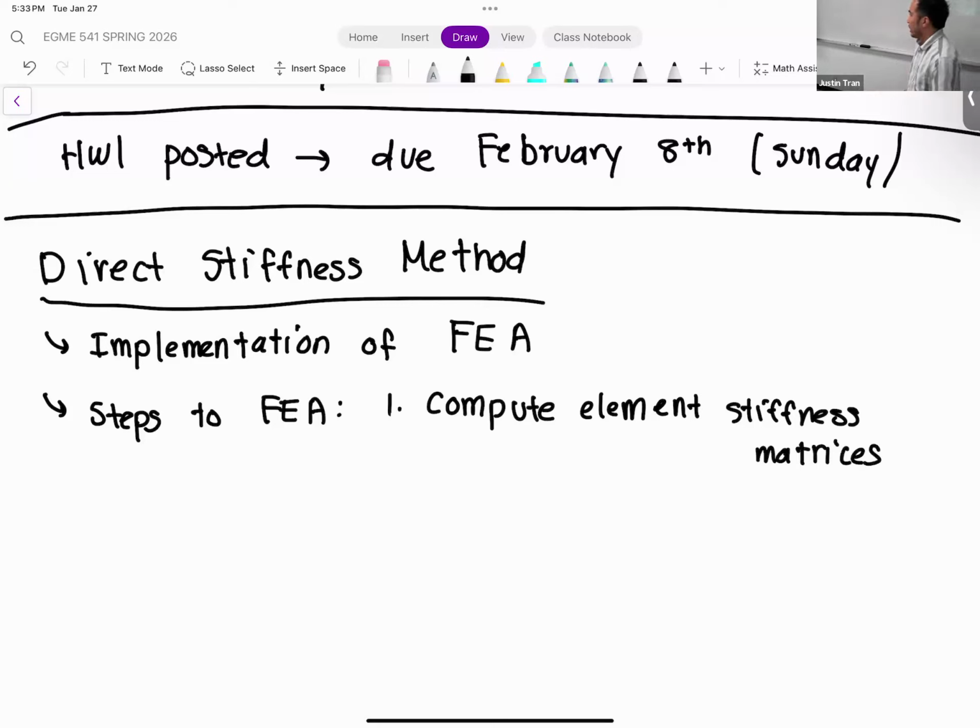Every element in your system, every element in your mesh, is going to have an individual element stiffness matrix, and so you need to compute all of them. Step two is that once you have all of the individual element stiffness matrices, you need to assemble them together into a single global linear system.